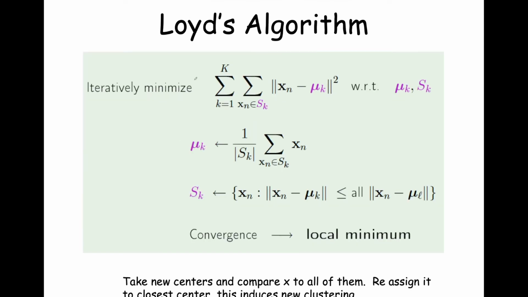And said approximation is called Lloyd's algorithm. Lloyd's algorithm solves the clustering problem, but it does it iteratively by holding one parameter fixed, solving for the other, and then holding the other parameter fixed, solving for the first one. And so essentially what you do in Lloyd's algorithm, you start out with an initialization of data points to clusters.